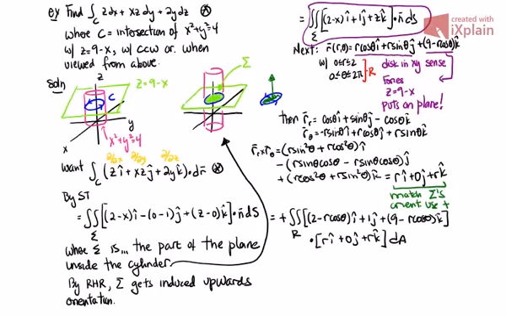This is dA. And we iterate the integral. It doesn't matter that we have r and theta. I'll put theta on the outside because that's a little more traditional. That's 0 to 2 pi, 0 to 2. I'm going to tidy these up a bit, not terribly much actually. 2 minus r cosine theta times r plus 0 plus 9 minus r cosine theta times r dr d theta. And that we evaluate.